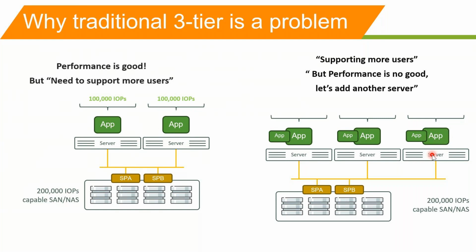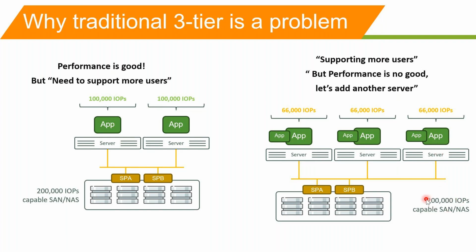The question is, performance is good, but I need to support more users, and for that you need more CPU and memory. So they added one server, but see here, now the 2 lakhs IOPS is divided by these 3 servers. From 1 lakh IOPS it goes down to 60,000 IOPS, because it has to share with the new server. So now three servers are sharing these 2 lakhs IOPS.